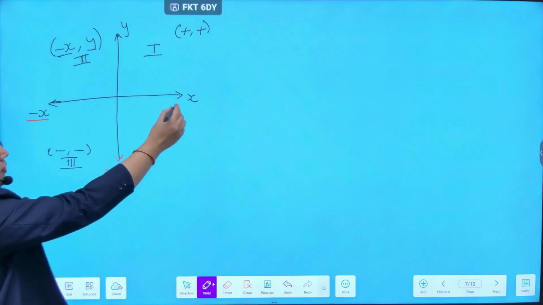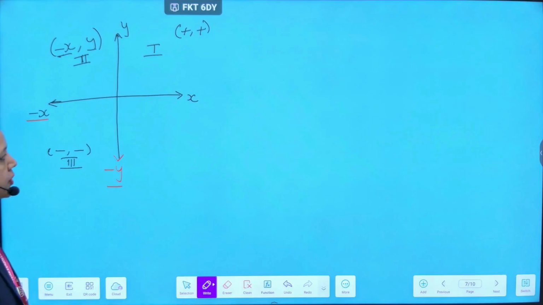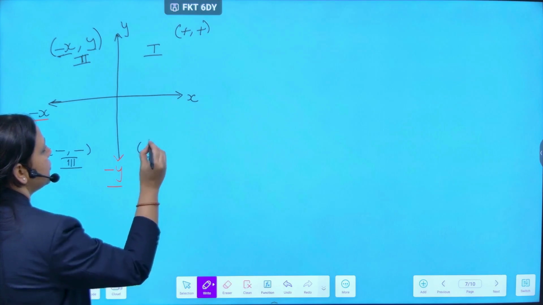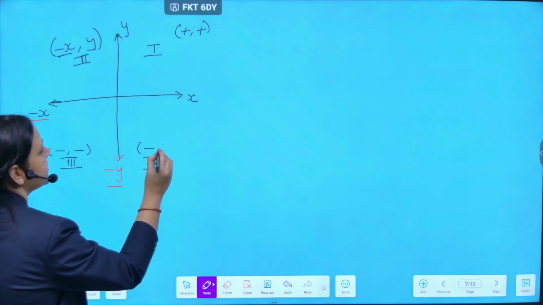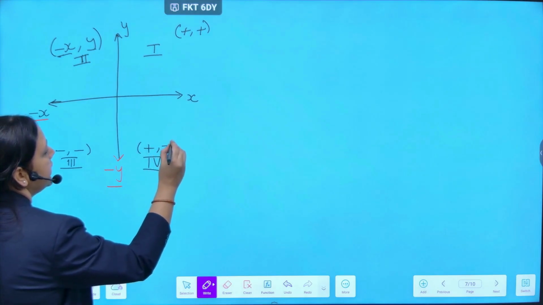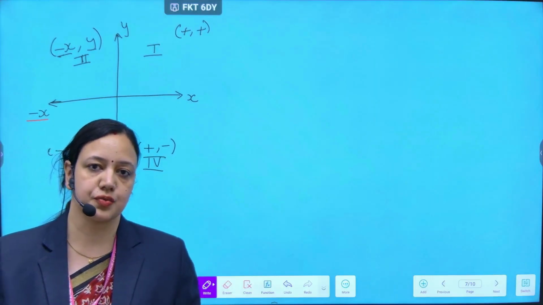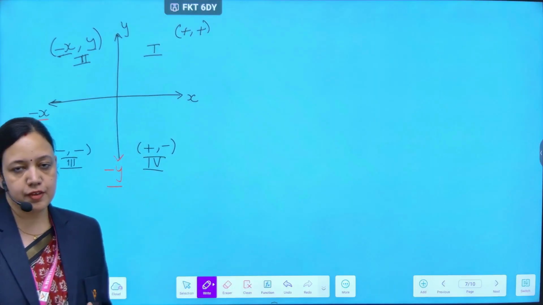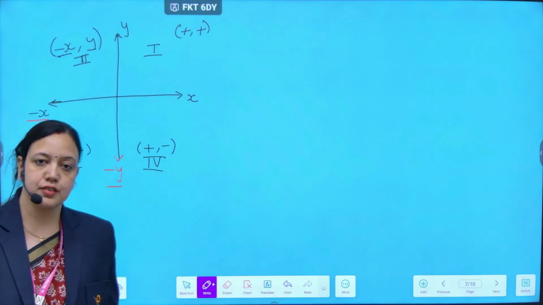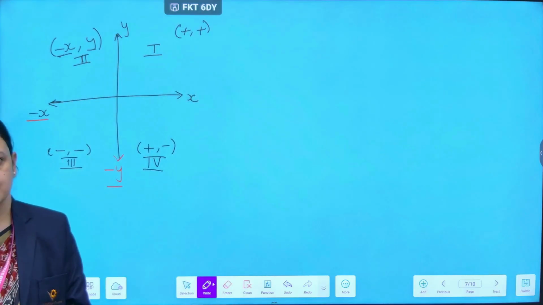In the fourth quadrant, x is positive, y is negative. So our sign convention will give us an idea that x is positive, y is negative. So after resolving the forces, we need to understand in which quadrant they are lying.